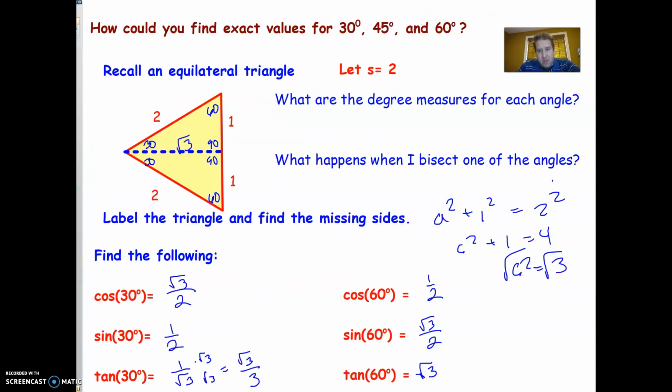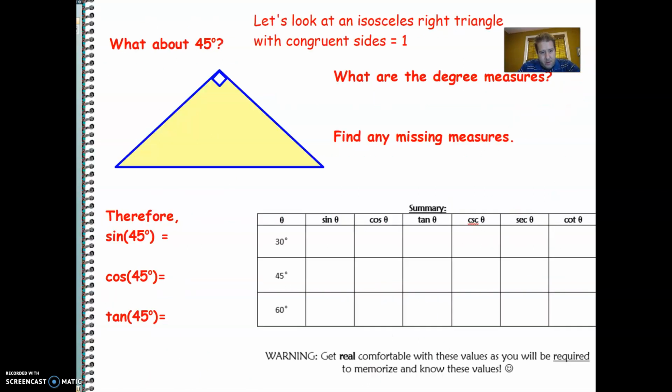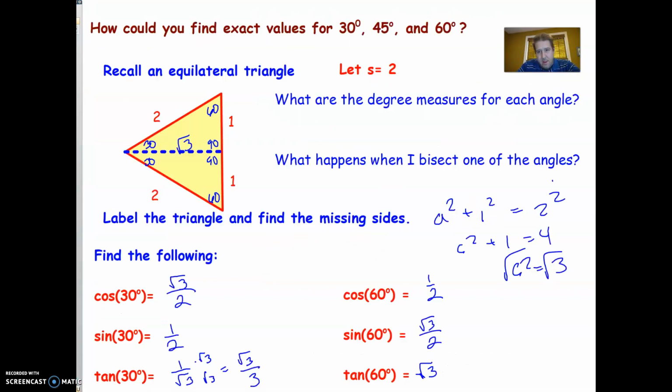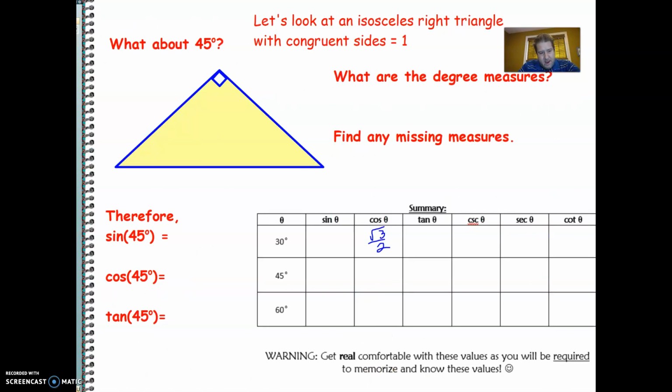Okay, so we've actually come up with a lot of the answers. Cosine of 30 is square root of 3 over 2. And it's just going to take some back and forth here. Sine of 30 is 1/2, which, keep in mind, also means that cosine of 60 is 1/2. And it also means that sine of 60 is square root of 3 over 2.